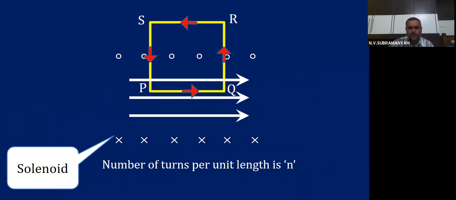For that purpose, I am considering a closed loop PQRS, children. Now you see all of you, this is the solenoid. This is actually our solenoid, children. Don't forget, like this. Shall I draw and show? Okay.